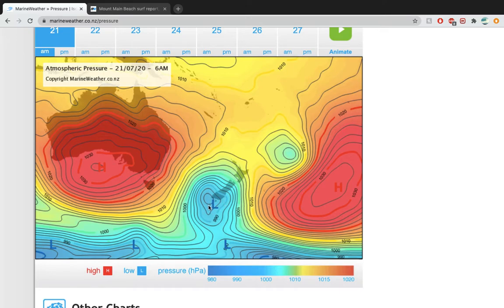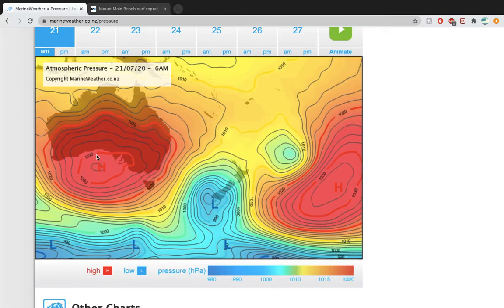You can imagine the low pressure being like a vacuum. This represents air that's rising or being sucked to the upper atmosphere, whereas the high pressure represents air that's being forced downward and outward from the upper atmosphere.